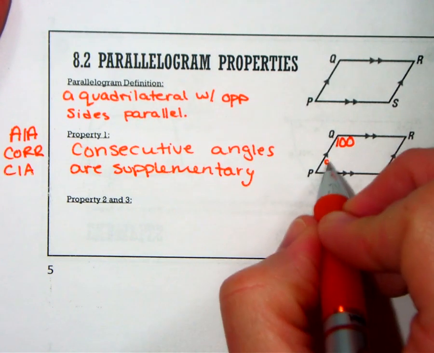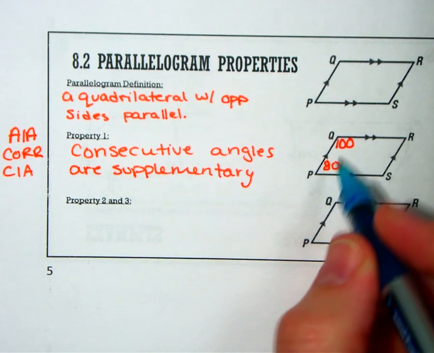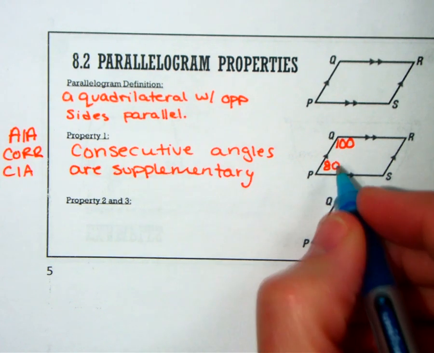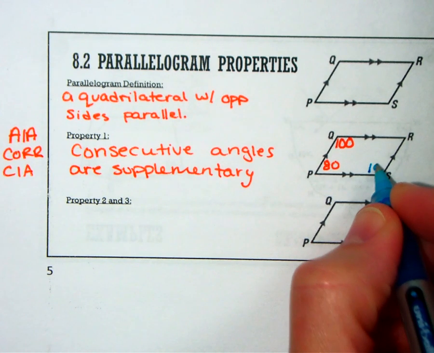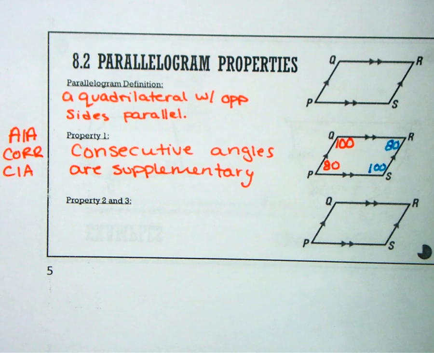So that means this is 80 degrees here. Okay? Then, if this is 100 and this is 80, does that work this way as well? Because those would also be consecutive, right? So if this is 80, wouldn't this be 100? And if that's 100, wouldn't this be 80? Okay, so what's the second property?